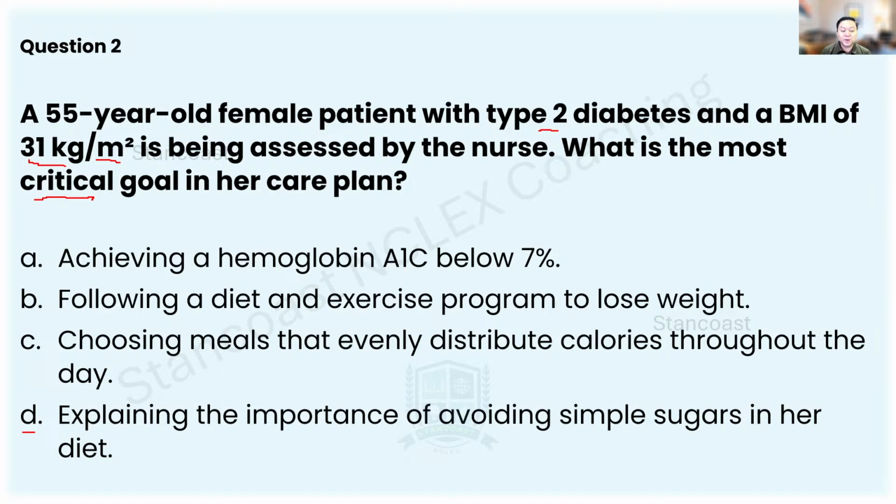But the ultimate goal or aim is to maintain a good glycemic control, which is letter A. That is the most important aspect, especially that your patient has a BMI of 31. Why? The reason for that is they are actually overweight, actually in the obese range, right?